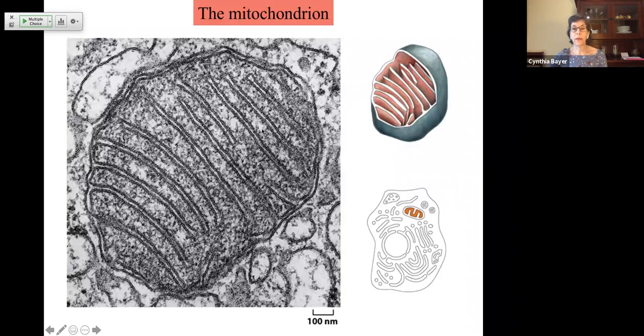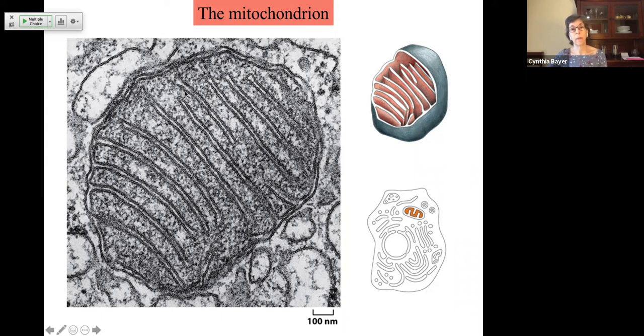So everything from now on is occurring in the mitochondria. Remember, our mitochondria has 2 membranes, an outer membrane and an inner membrane. The inner membrane has these extensive folds, adding more surface area for all of the enzymes that are required for electron transport, the oxidative complexes.